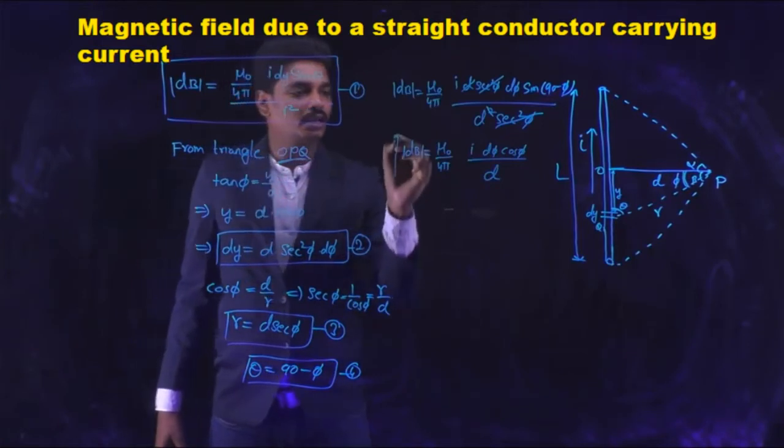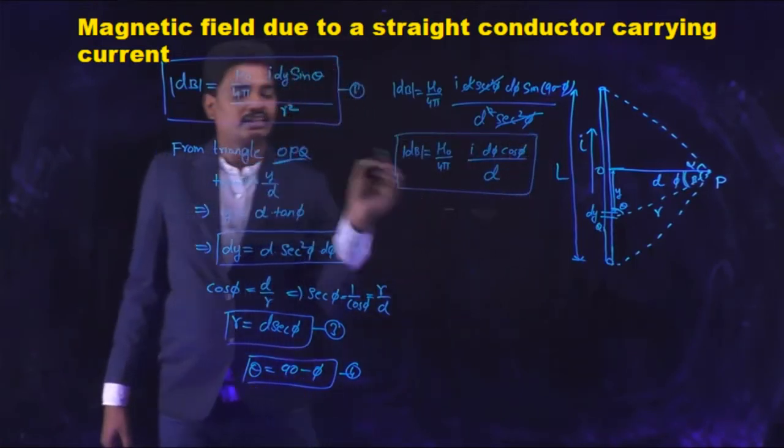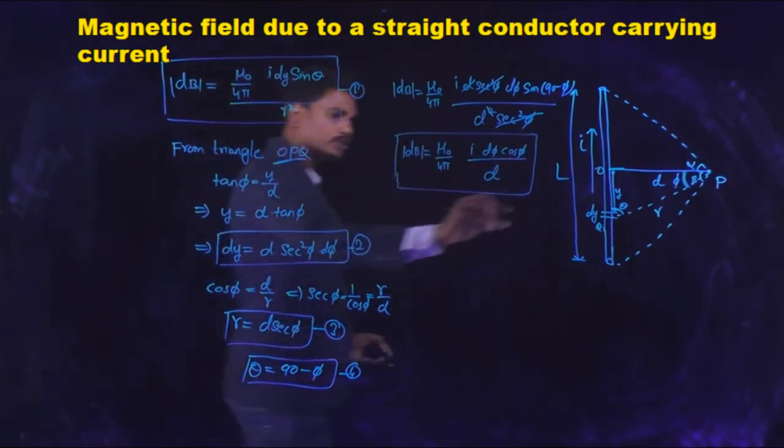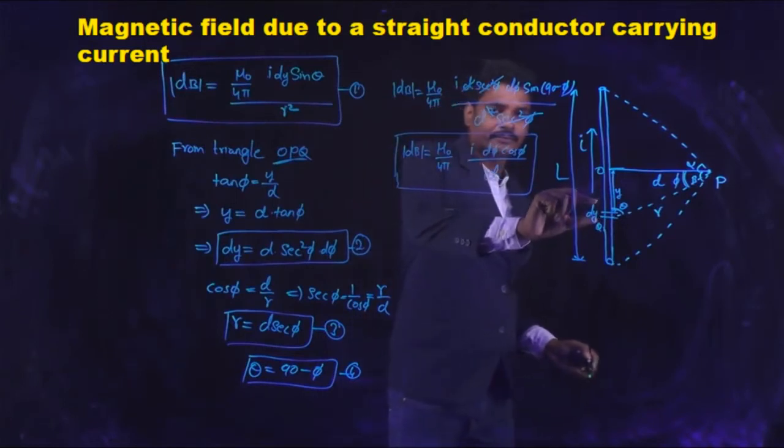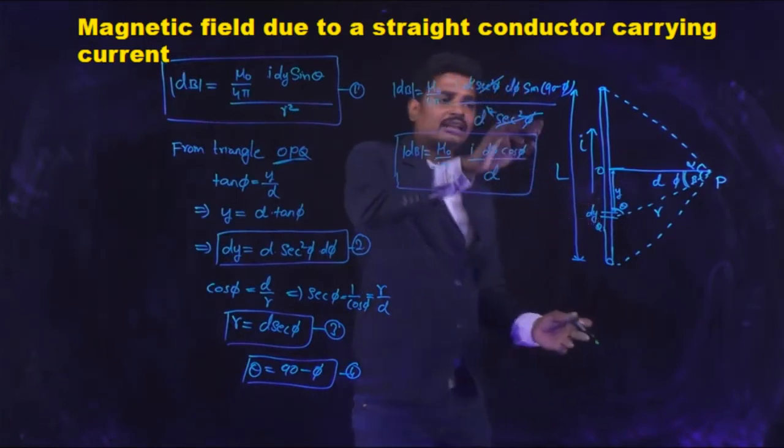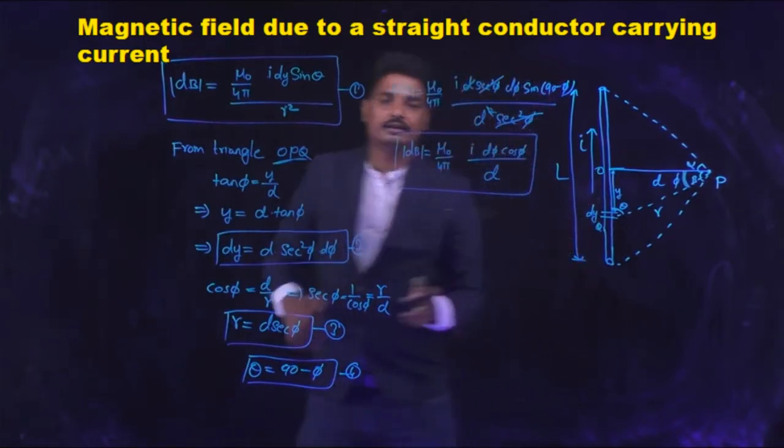So this is the strength of the magnetic field only due to this small element dy. But we need to calculate for the total conductor.